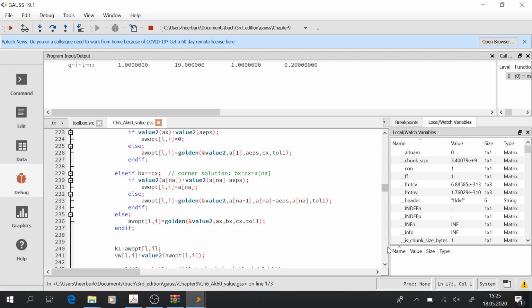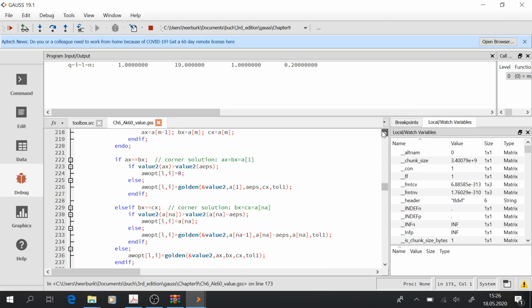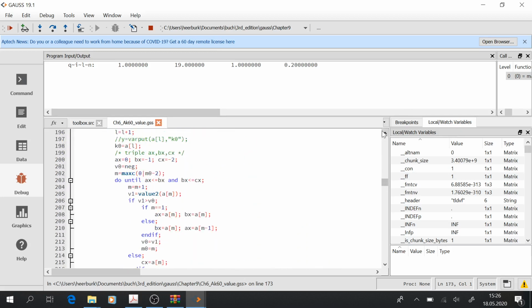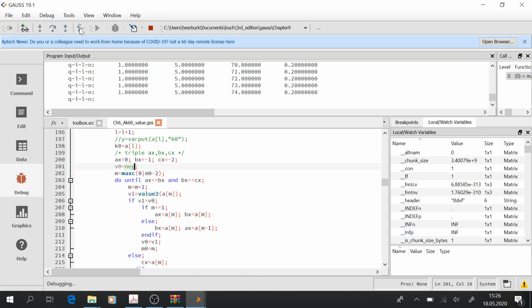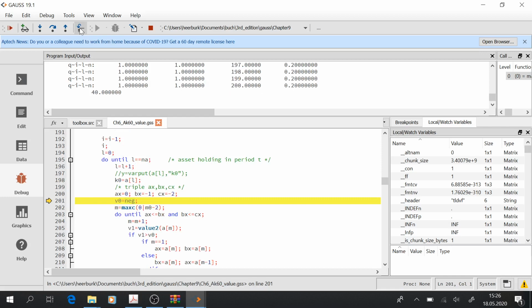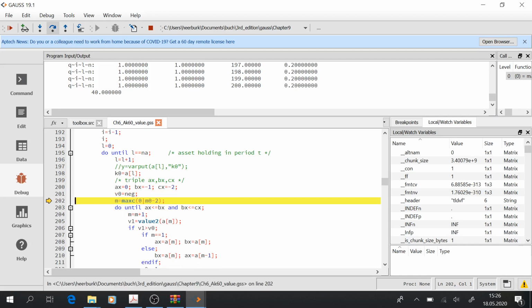Let's look at the optimal on the Bellman equation of the worker. The same logic applies, and here we start. Let's go to line 201. Run with the cursor to the line 201. We initialize the value, the right-hand side of the Bellman equation, with minus 1 times 10 to the power 10.